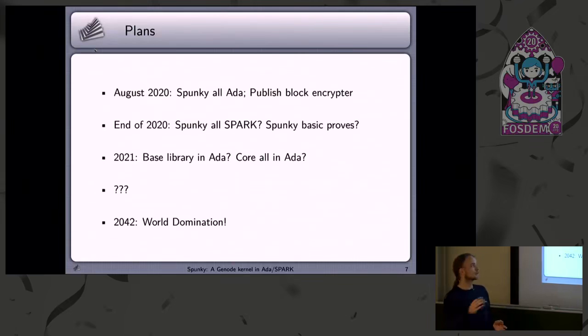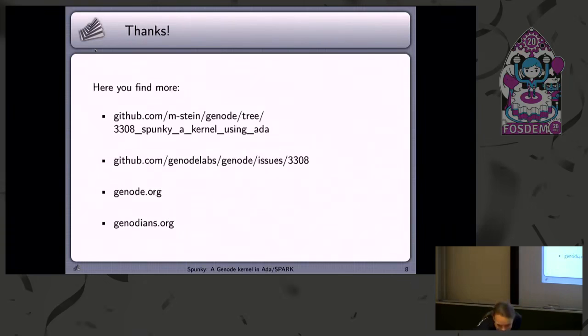And this would also allow me to do another project, namely converting all of core, the whole core component of Genode, into Ada. And this would be really cool because the core component is like the kernel itself, something that everything on Genode depends on. Yeah, and it would be a nice experiment for me to learn new stuff with Ada and Spark. So yeah, that's it from my side.